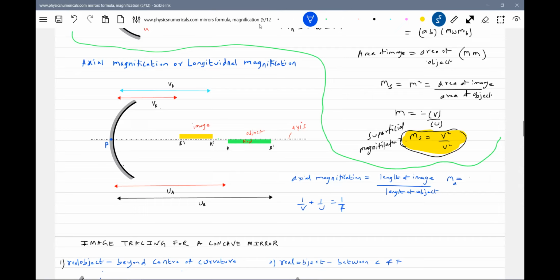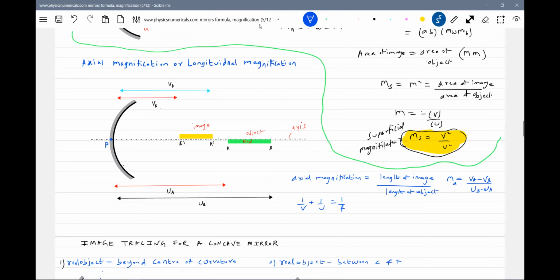So this should be equal to length of the image, which is VA minus VB, by length of the object, which is UB minus UA.